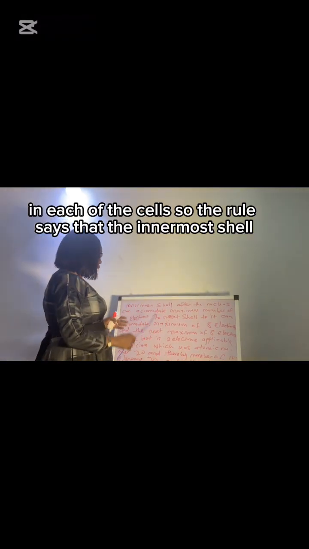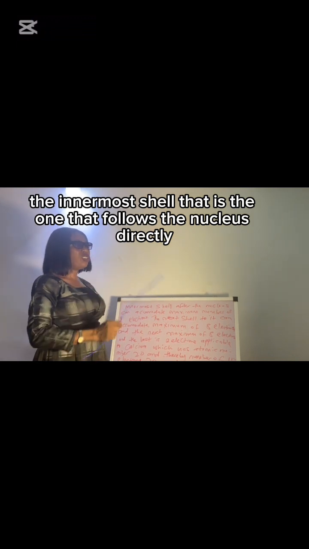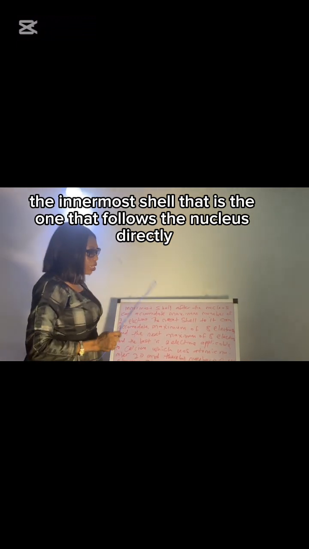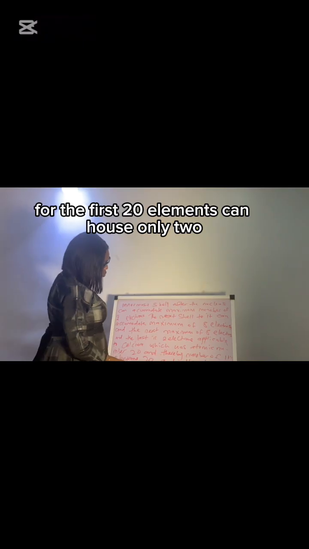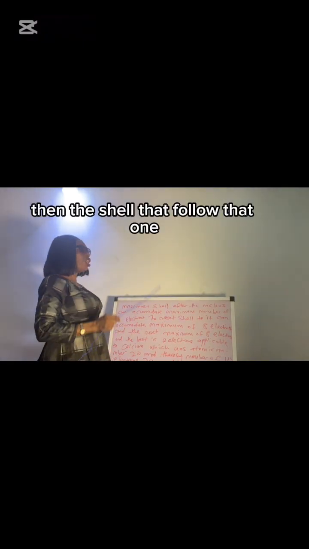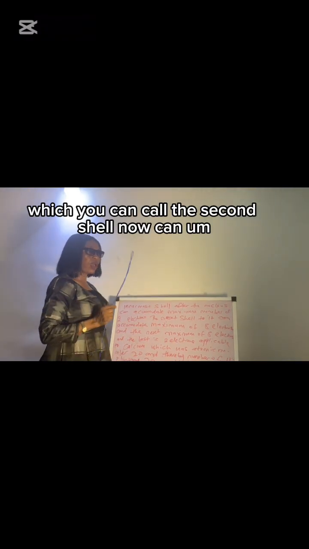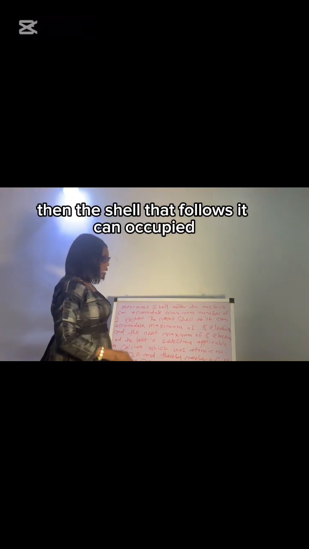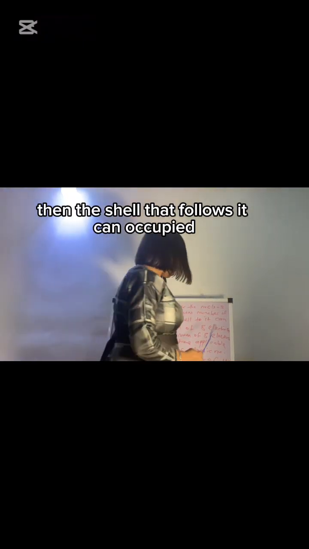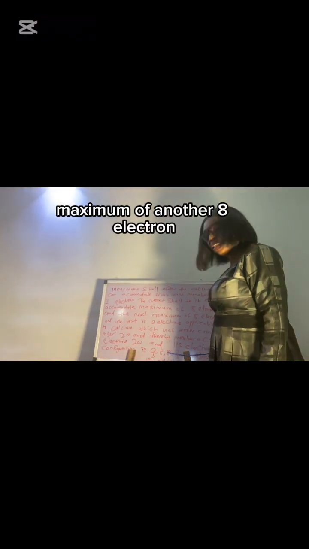The rule says that the innermost shell, that is the one that follows the nucleus directly, for the first 20 elements can house only 2. Then the shell that follows, which you can call the second shell, can occupy a maximum of 8 electrons. Then the shell that follows it can occupy a maximum of another 8 electrons.